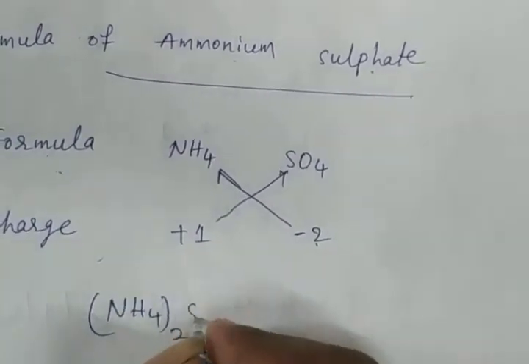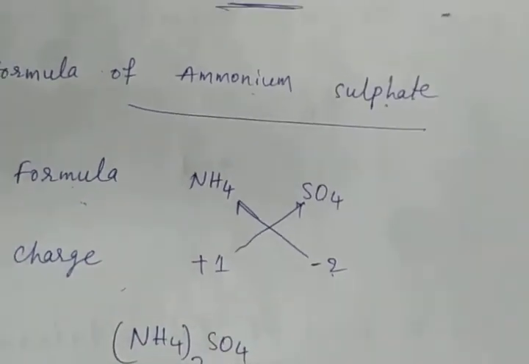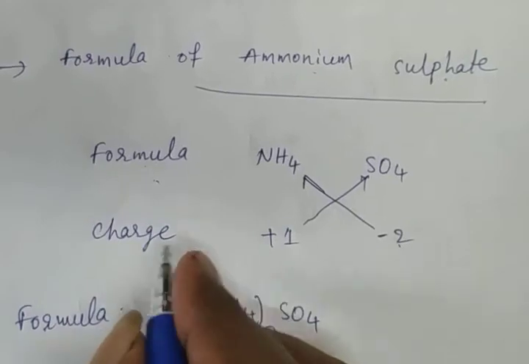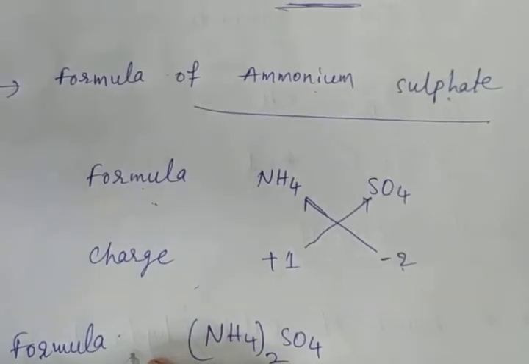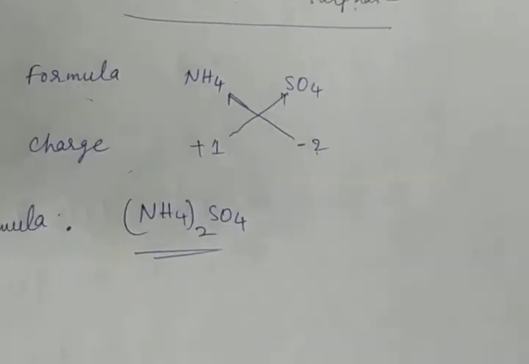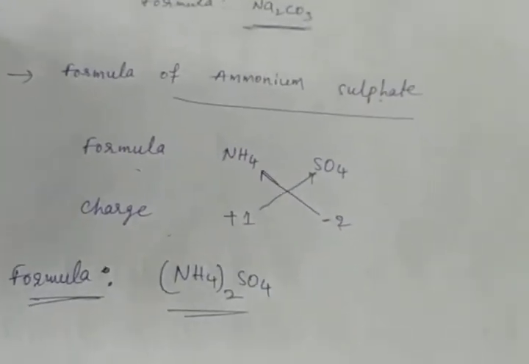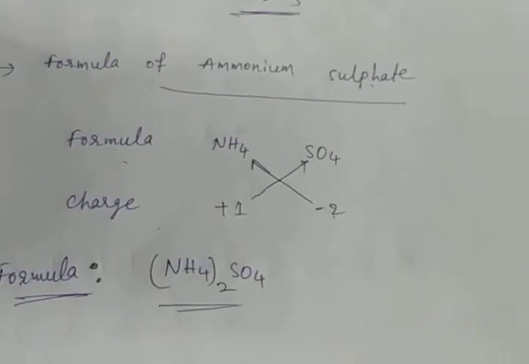So NH4 taken twice, then SO4 only once. This is the formula of ammonium sulfate: (NH4)2SO4.